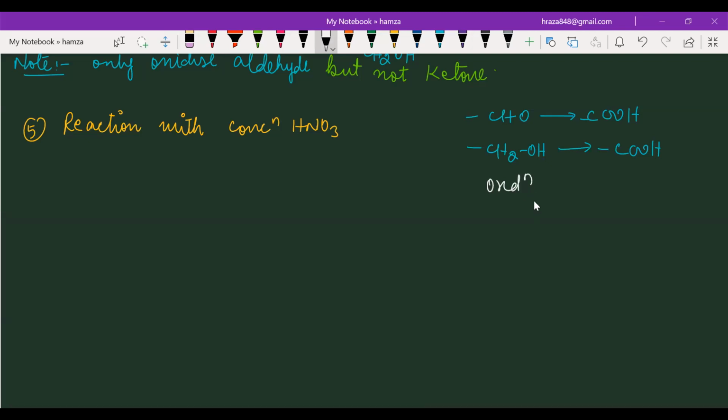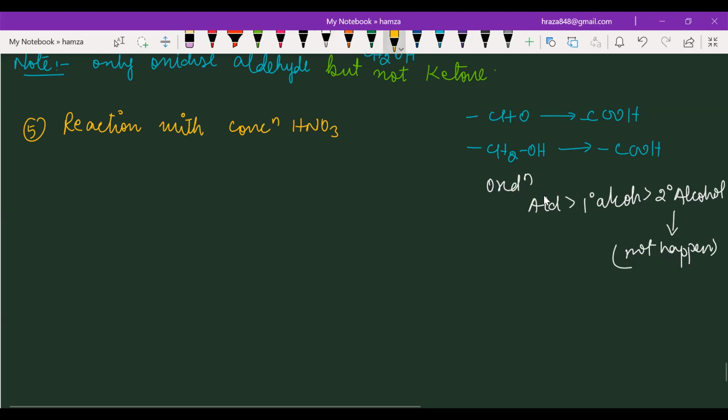Oxidation takes place faster in aldehyde than 1 degree alcohol, then 2 degree alcohol. Basically 2 degree alcohol cannot oxidize. So it can oxidize primary alcohol to carboxylic acid and aldehyde to carboxylic acid.